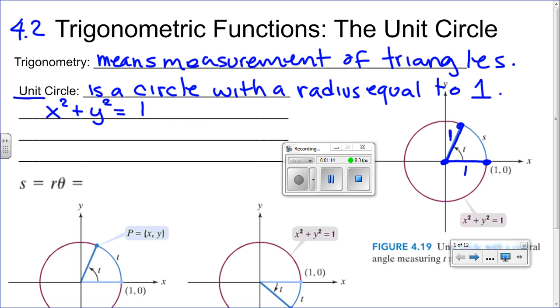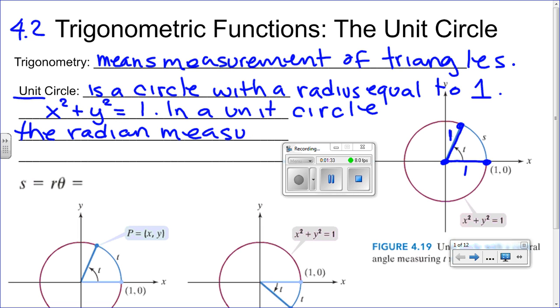Okay, now in the unit circle, the radian measure of the central angle, and remember, a central angle is an angle whose vertex is at the origin, or the center of the circle, like that one here. So that's a central angle.